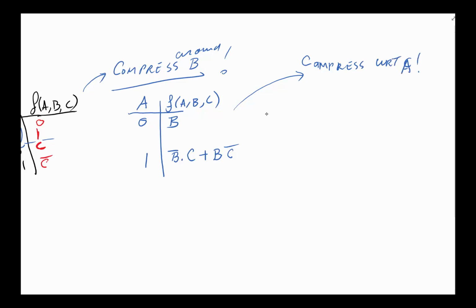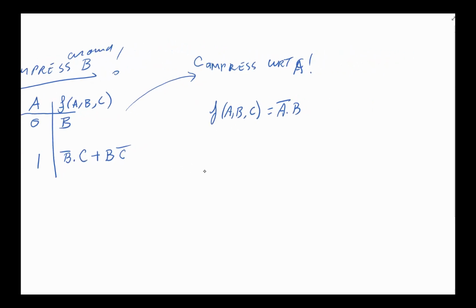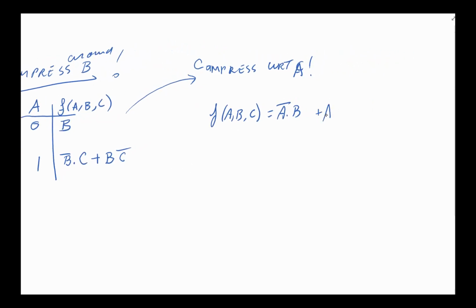If I do this, it's really not meaningful to have a truth table because there is no variable on the input side. It's completely empty. So all we write is that f of a, b, and c is equal to: when a is 0, then b controls, so a and b. When a is true, then b not c or b c.